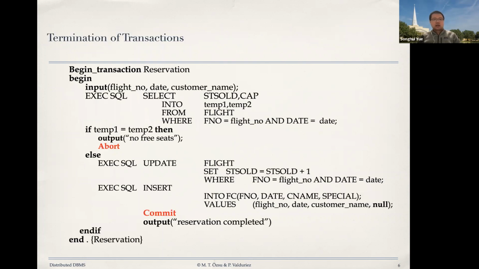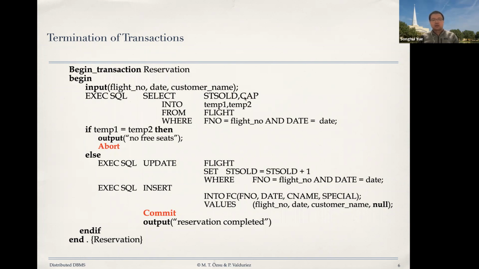All right, and another example is about the termination of transactions. Similarly, we have input of flight number, date, customer name, and executed the SQL. We will select some information from the table of flight, right? So we just get the seat sold and cap.